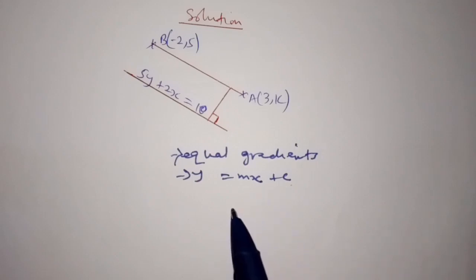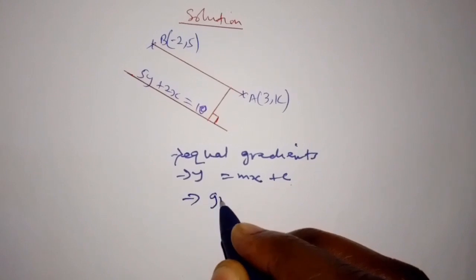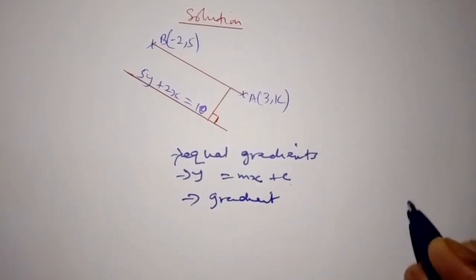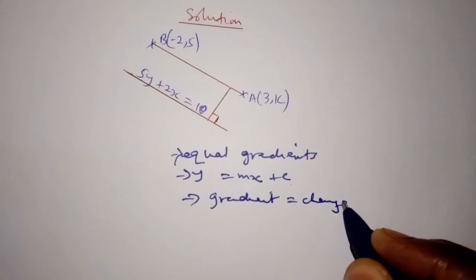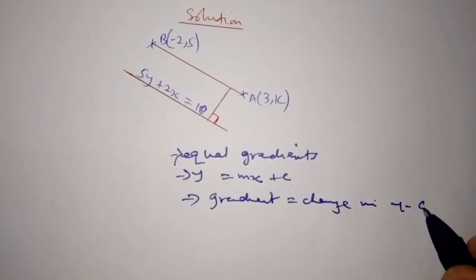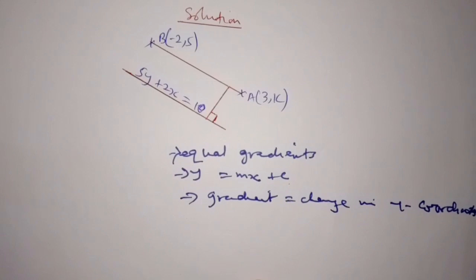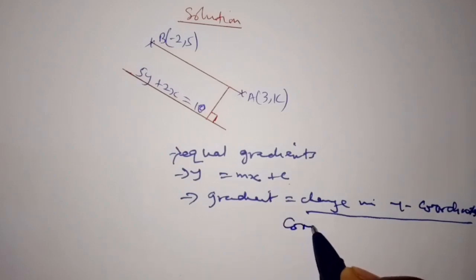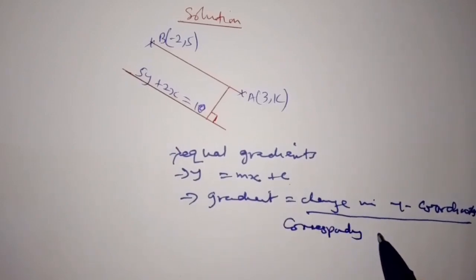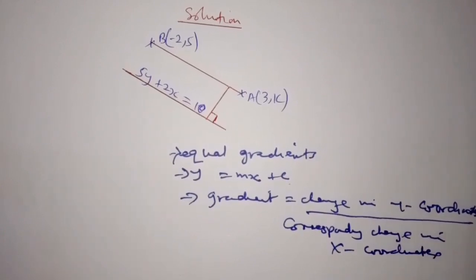Gradient is change in y coordinates over corresponding change in x coordinates. So we are going to use these facts in solving this problem.